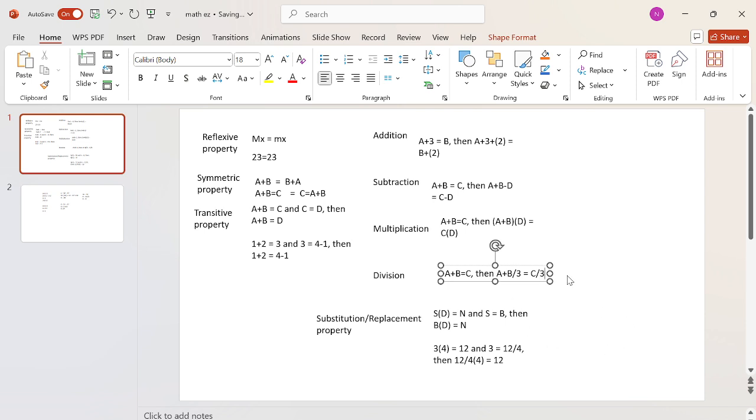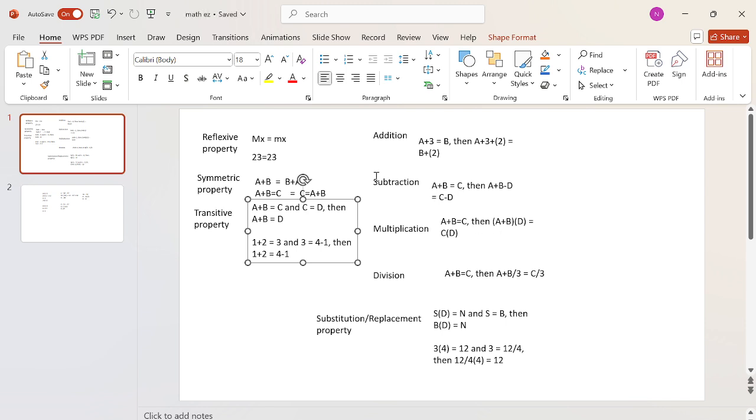Okay, so substitution property, also known as the replacement property, which means it's basically the transitive property, but instead of changing the entire equation, like here A plus B equals D, you would only change one part of the equation, like here. So SD equals N and S equals B. We can change S by B because they're both the same.